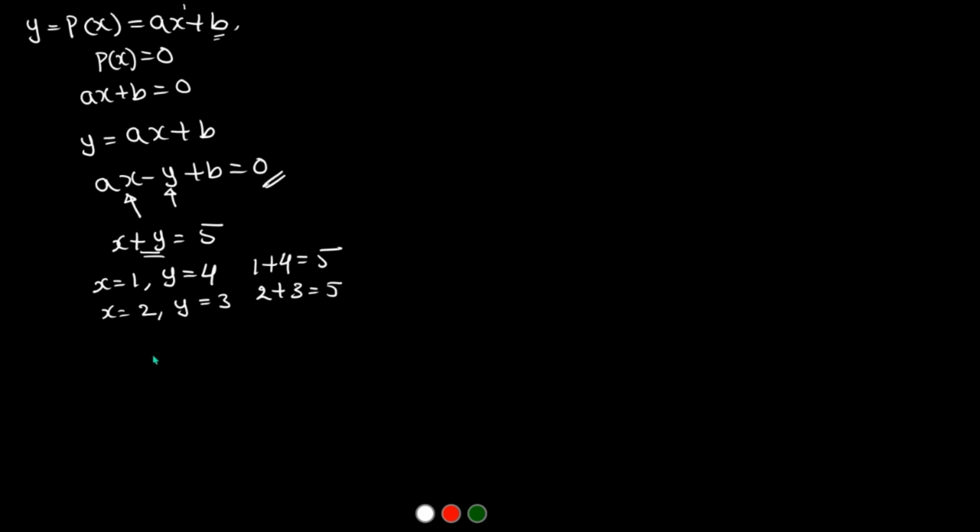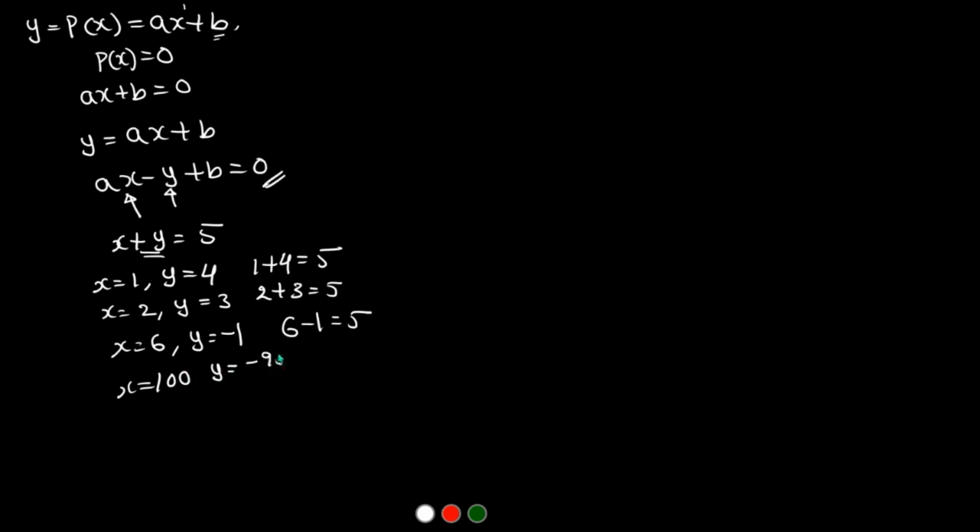So how many points can satisfy this equation? This equation can be satisfied by infinitely many points. For example, similarly you can keep writing, like x is equal to 6. What is the y number? It should be minus 1. So it is 6 minus 1, again 5. If x is equal to 100, what is y?